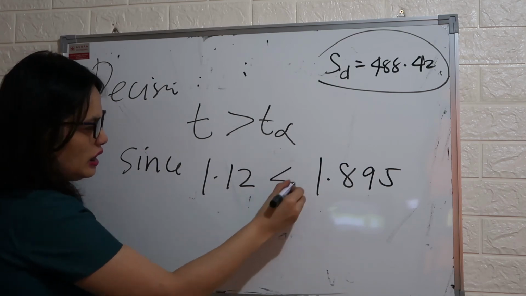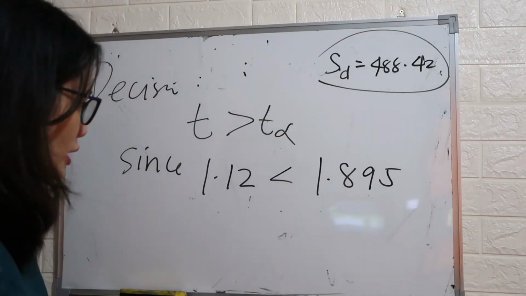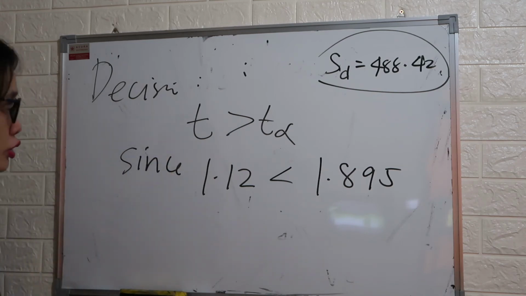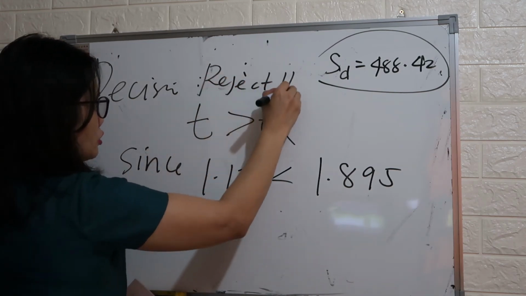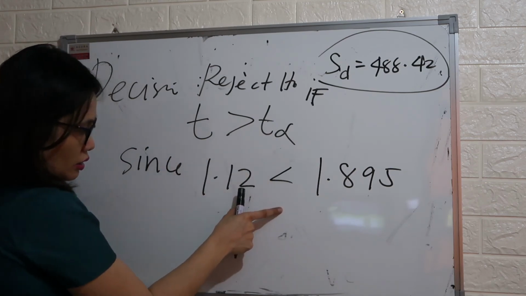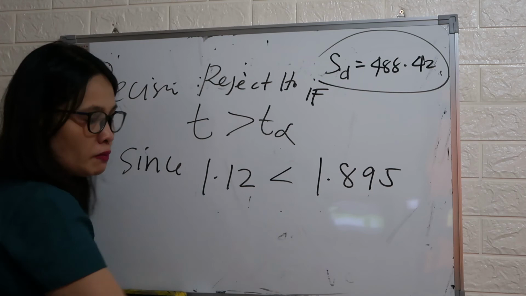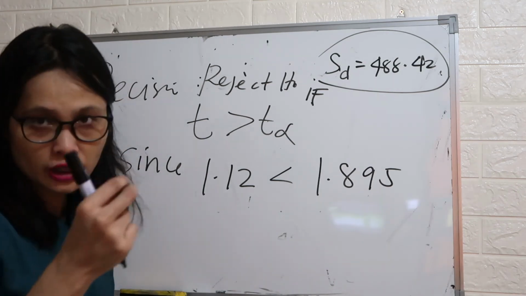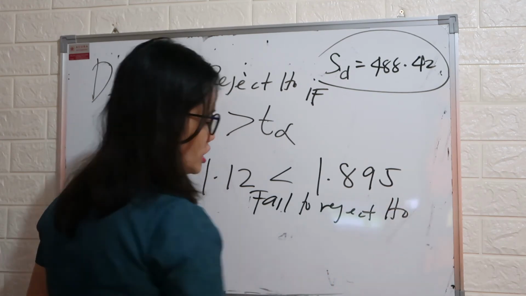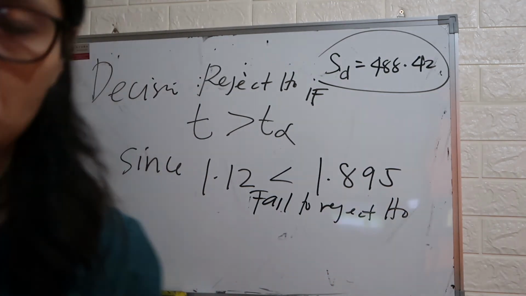In this case, it is less than, so it's not parallel with the condition. You can only reject HO if the t value is greater than t alpha. So you cannot reject HO. You need to fail to reject HO, meaning you need to accept your HO.